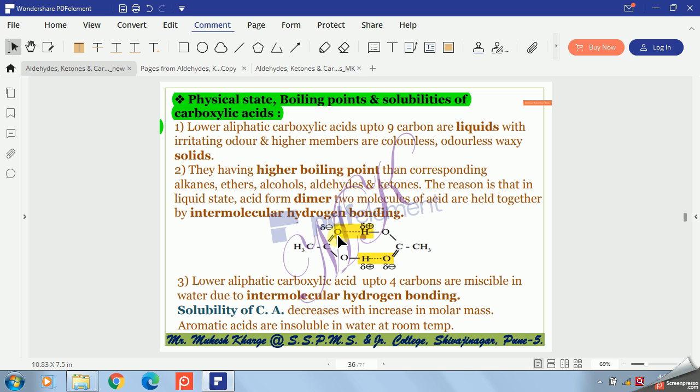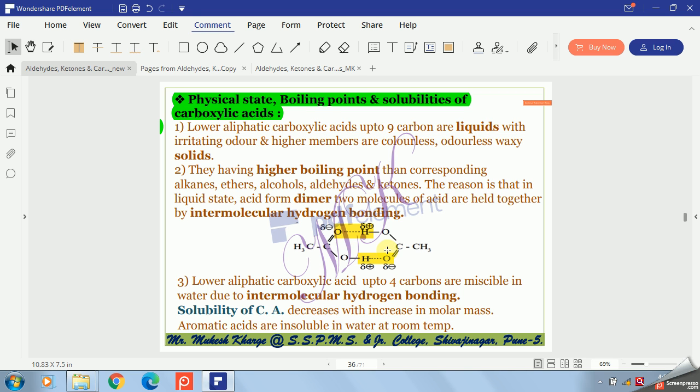Oxygen of the first acetic acid and hydrogen from the OH group of the second acetic acid molecule attract and form intermolecular hydrogen bonding, and hydrogen of the OH group of the first acetic acid molecule and the carbonyl oxygen of the second acetic acid molecule form an intermolecular hydrogen bond, and due to this, it forms a dimer.